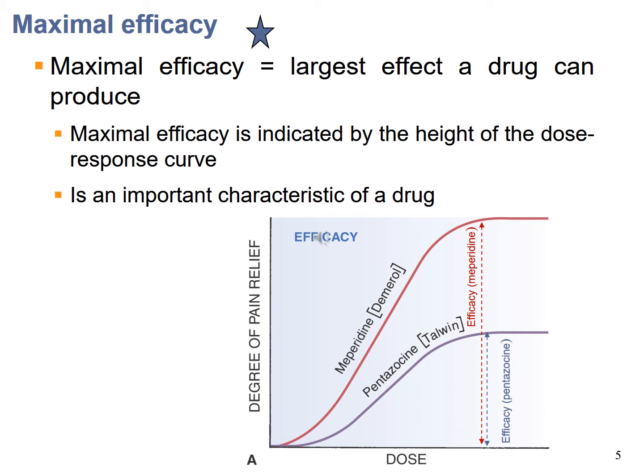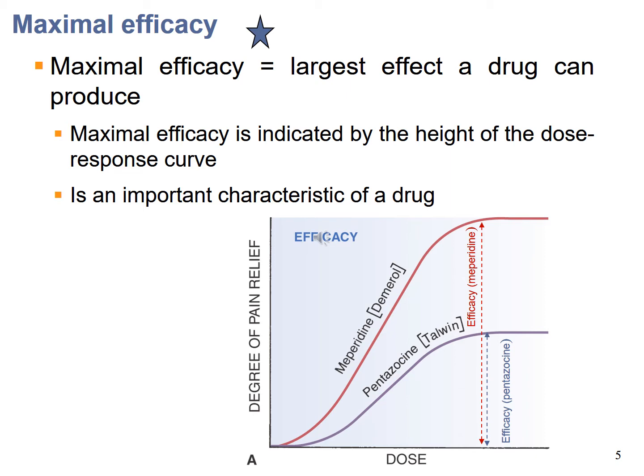That means meperidine is more effective in reducing pain than pentazocine, and it's an important characteristic of a drug, because if you look for a painkiller, you want to know which painkiller is the best for treating pain. In that situation, meperidine compared to pentazocine has a larger maximum efficacy, and that also means that for the same dose, meperidine will produce more pain relief, because the y-axis is the degree of pain relief.